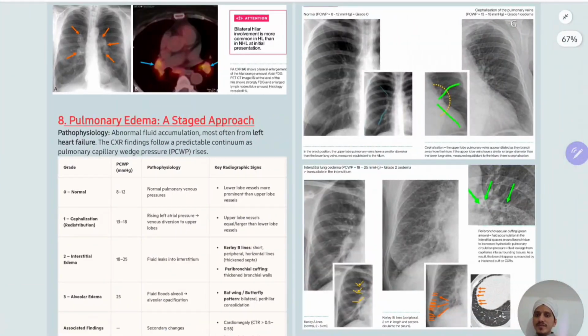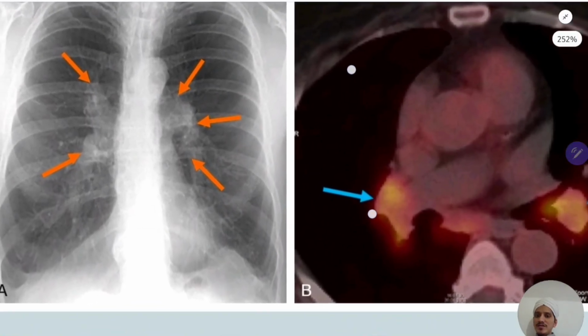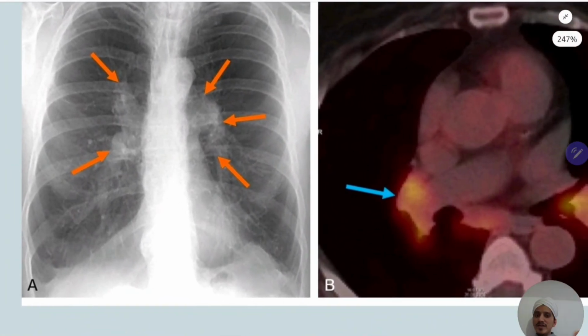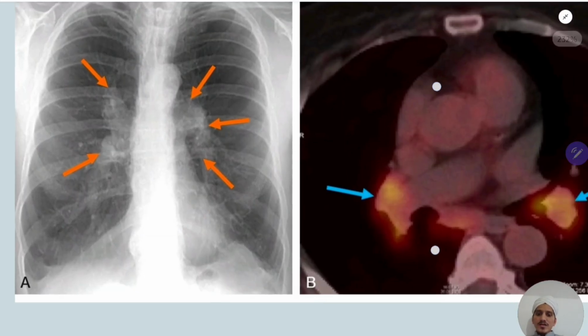So the last one, again you are seeing bilateral hilar enlargement here. There is no mass, it is not a mediastinal mass actually. So bilateral hilar enlargement you are able to see, but along with that you are not able to see any right paratracheal stripe enlargement or something like that.